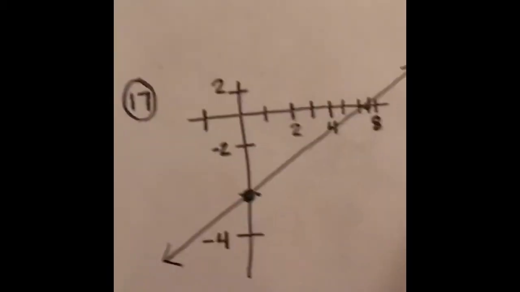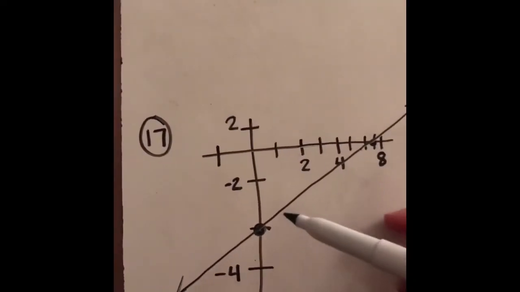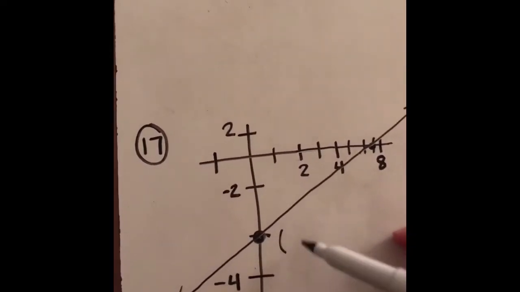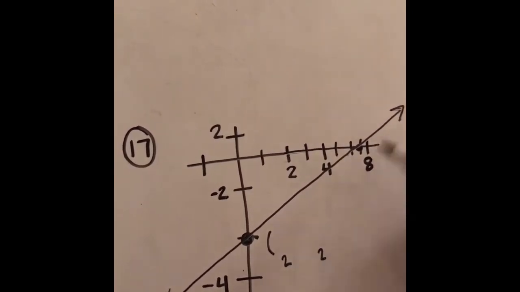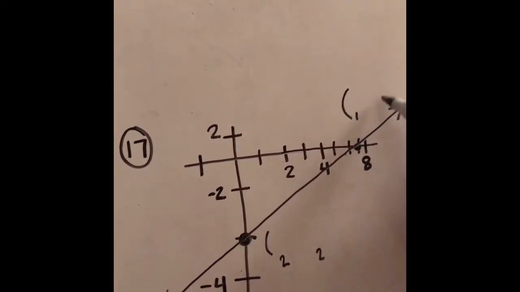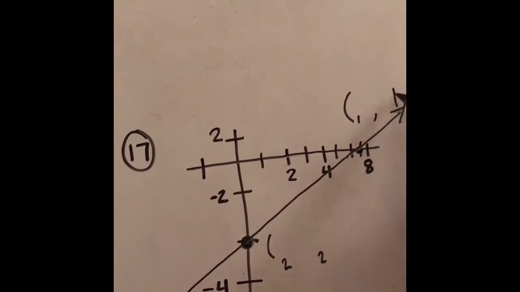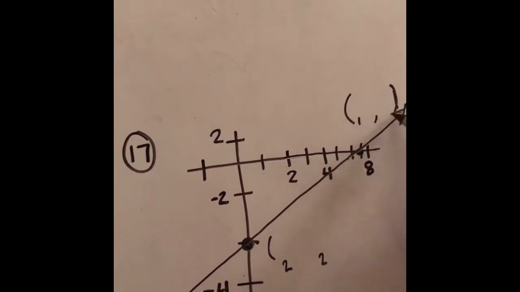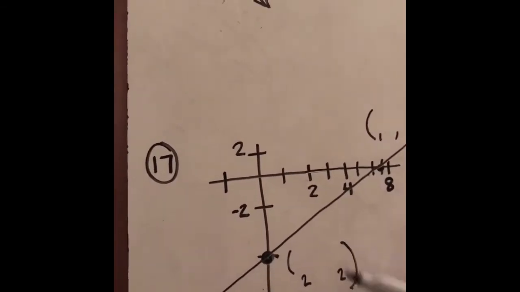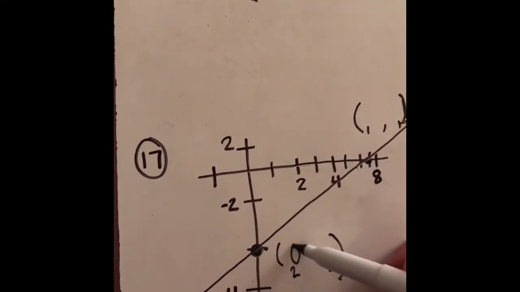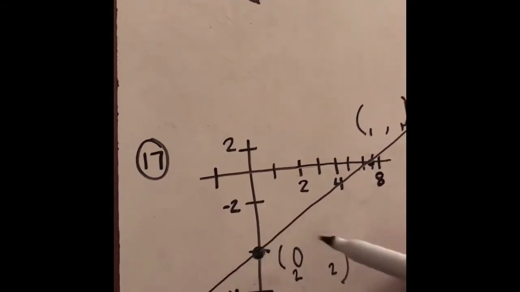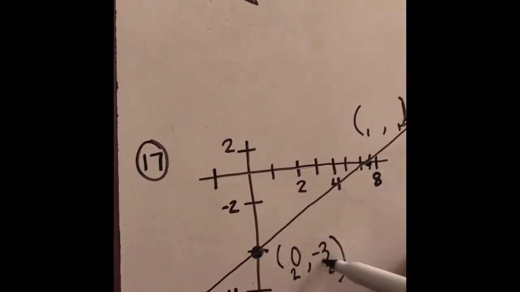Okay, let's go on down here. Like I said, I always make these my 2's, and up here, these are my 1's. So here we have 0 for our x, and it's on the negative 3.